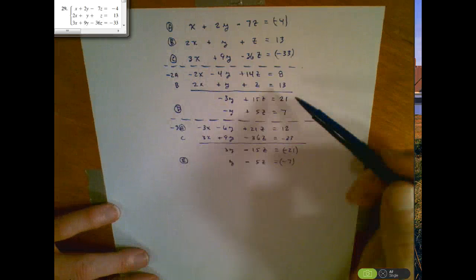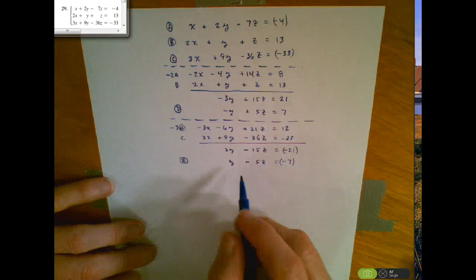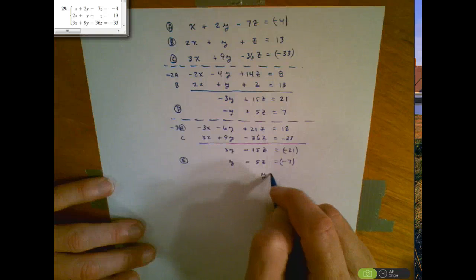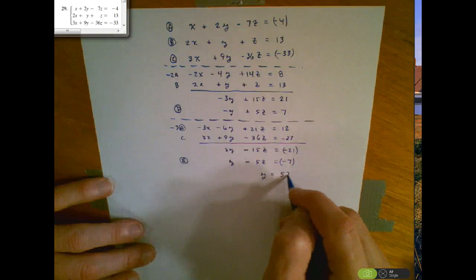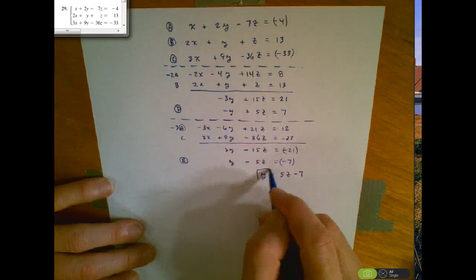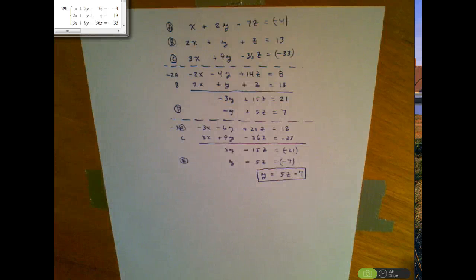It does not appear that I have enough equations to reduce this. So what I will do now is solve this for y, and I get y is equal to 5z minus 7. Okay, so that's one equation that relates z to y.